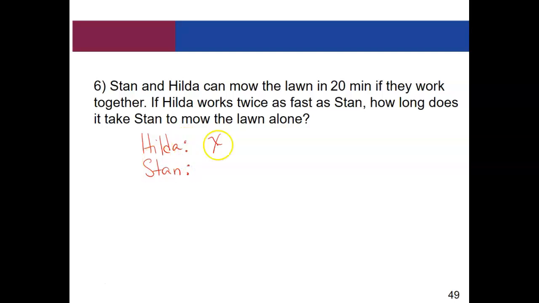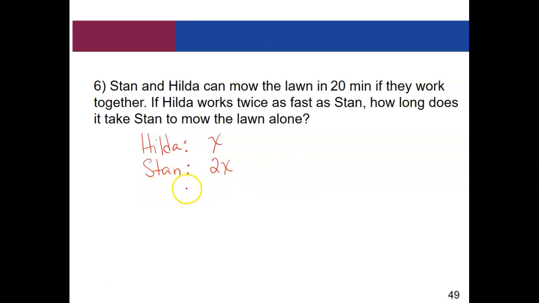If Hilda works twice as fast as Stan, it's going to take Stan twice as long to complete the same job. And we're focused on how much time it takes to complete the job. So Stan's time is actually going to be 2 times Hilda's to do the same job because Hilda works twice as fast as Stan does.